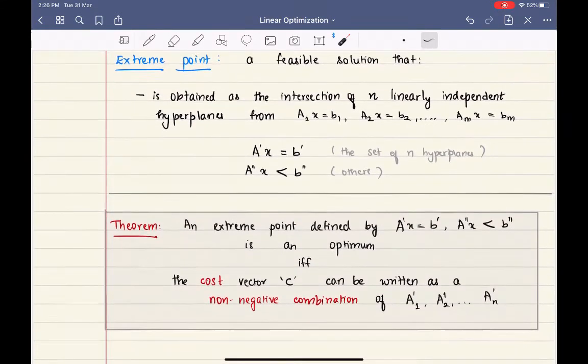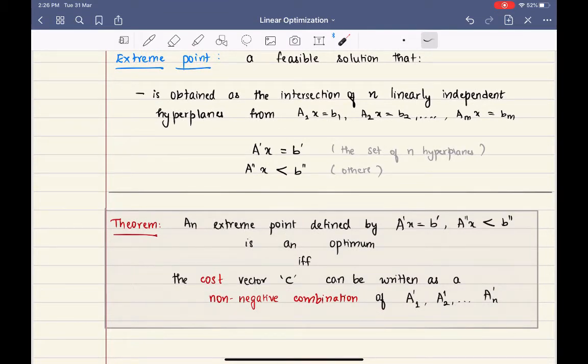Now what we are going to show today is this. Let me read this out first. An extreme point defined by A prime is an optimum if and only if the cost vector c can be written as a non-negative combination of a1 prime, a2 prime till an prime.